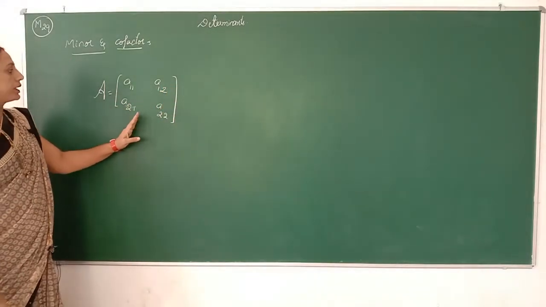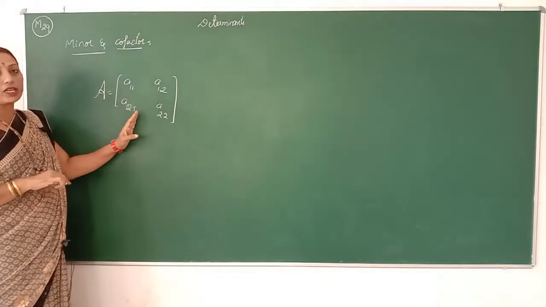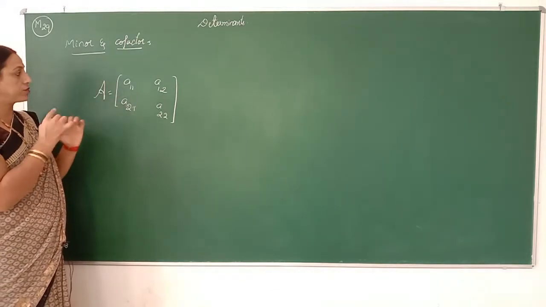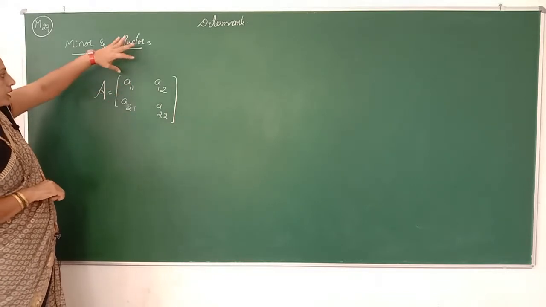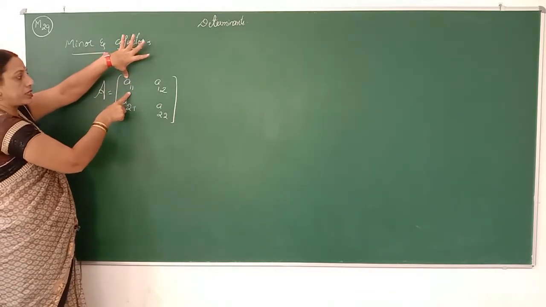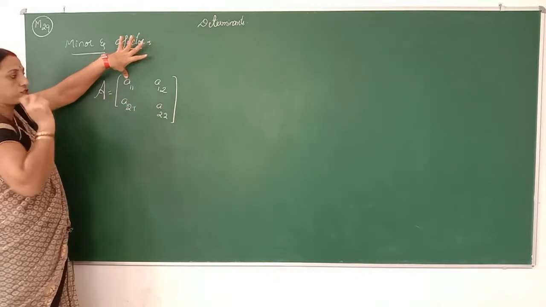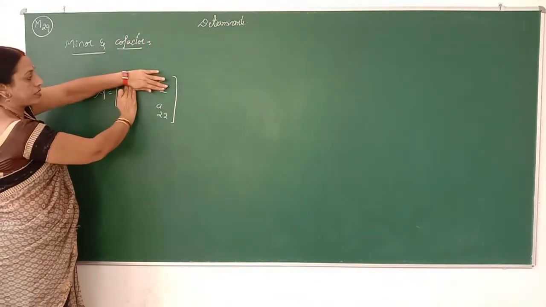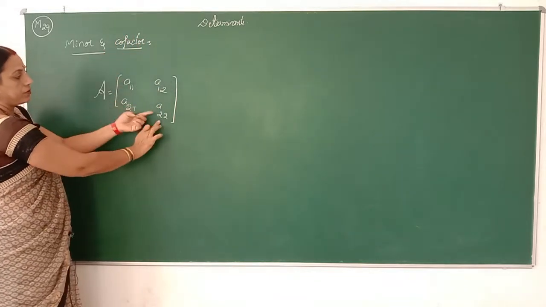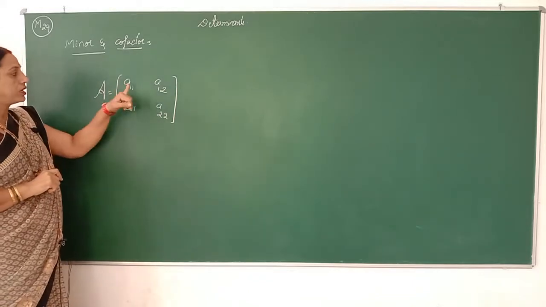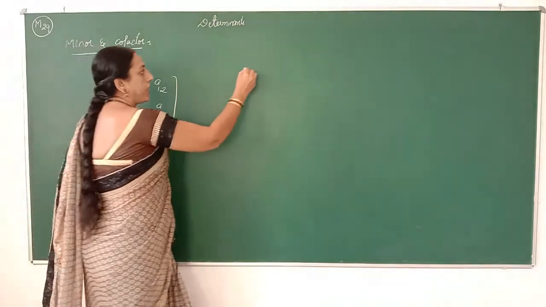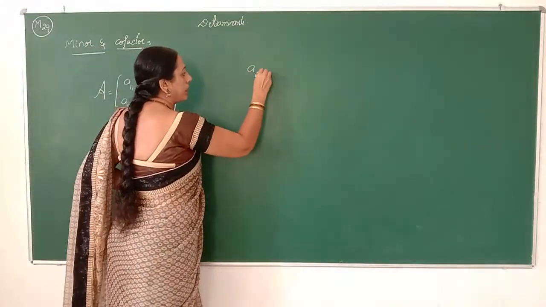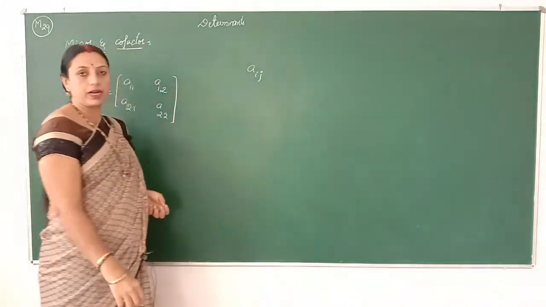Now each element can be defined in terms of its minor. The minor of the element A11: A11 is an element of the first row and first column, and these elements are neglected, and the remaining element is called the minor of A11. In general, Aij is an element of the matrix.